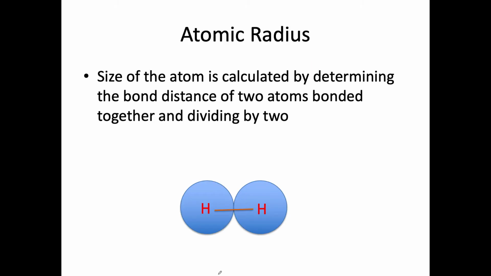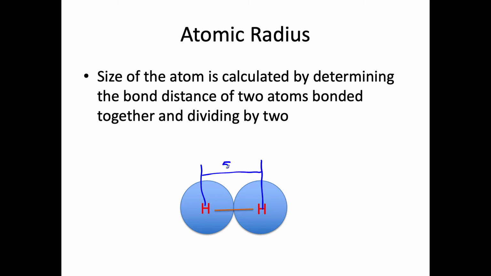All right, here's one, atomic radius. It is defined as the size of the atom, calculated by determining the bond distance of two atoms bound together and then dividing by 2. And the atoms have to be identical. So two hydrogens, here's the nucleus, here is the other nucleus, and we measure the distance between the two.